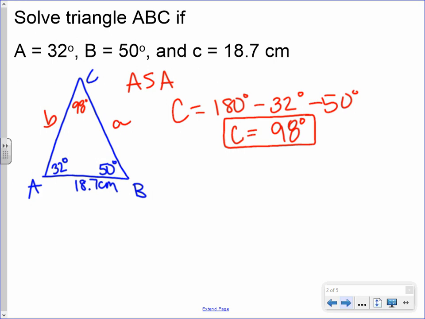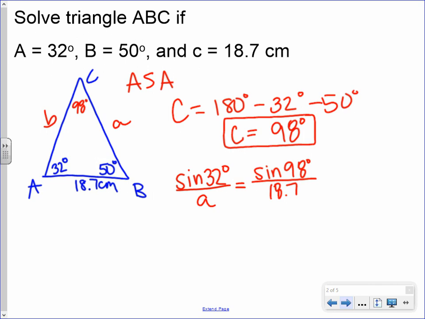So if we want to find side A first, we would have to get the ratio sine of A over side A. And if we wanted to actually solve for side A, would we pick the pair of C's or the pair of B's? We need the pair of C's because we know both of the C's. So we're going to set this equal to the sine of 98 degrees over side C, which is 18.7.